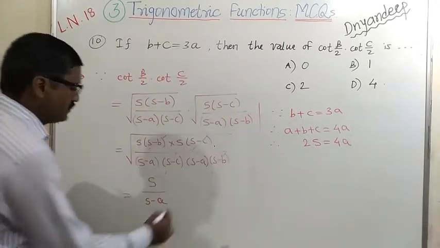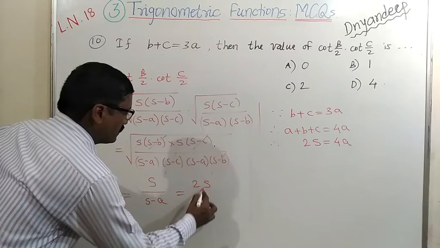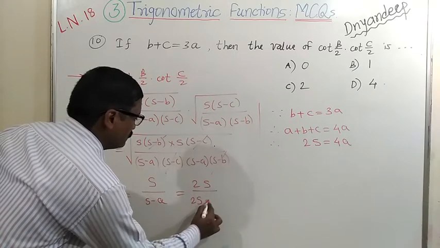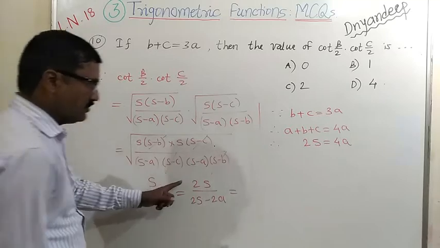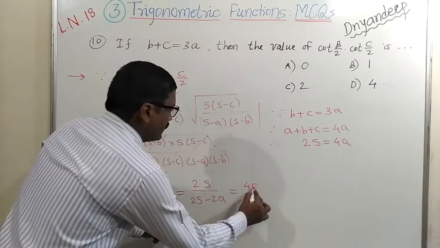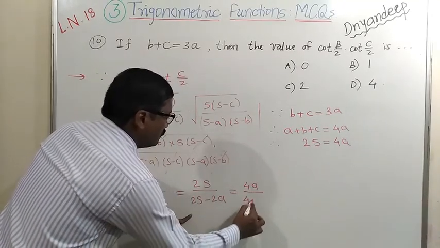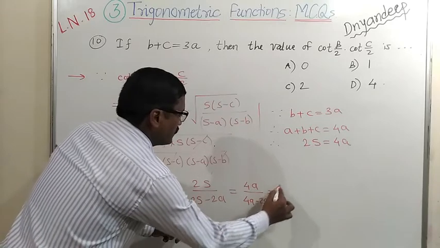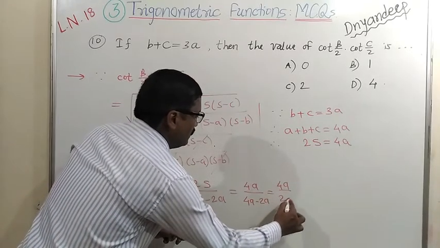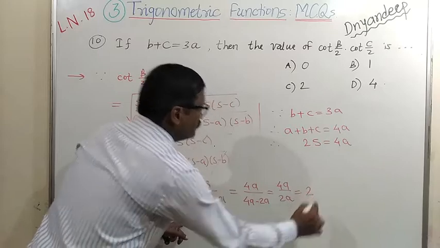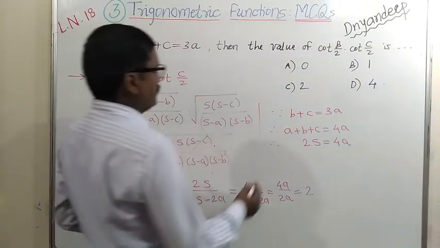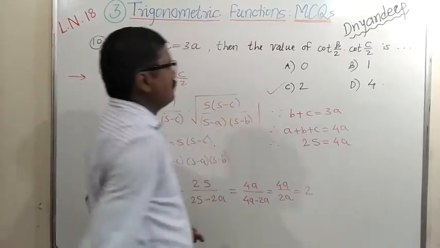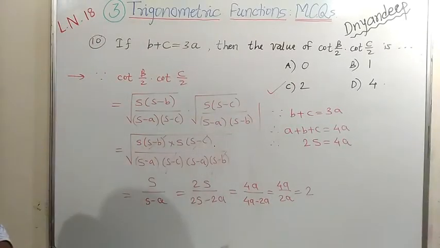Here there is only a single s, so multiply numerator and denominator by 2 and put the value of 2s, that is equal to 4a. So 4a upon 4a minus 2a, that is 4a upon 2a, and it is equal to 2. So our answer will be the third option, that is C equal to 2. Okay.